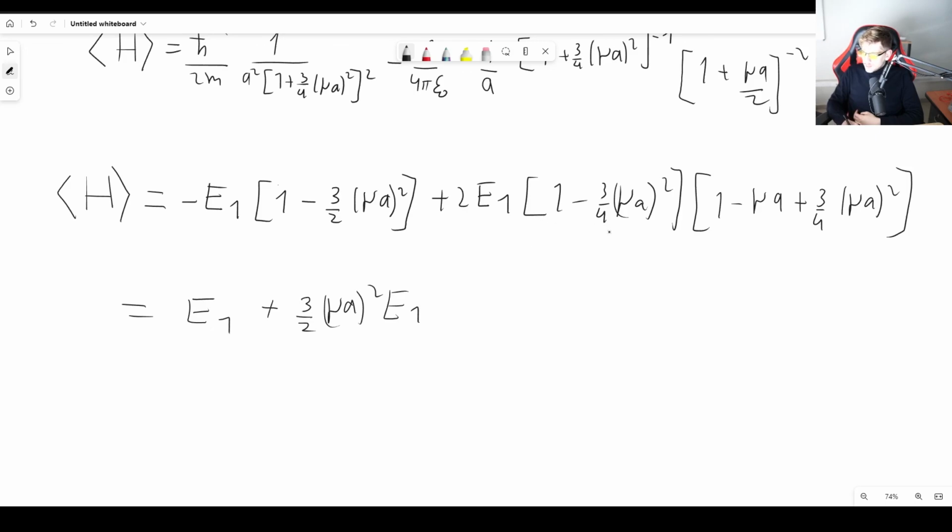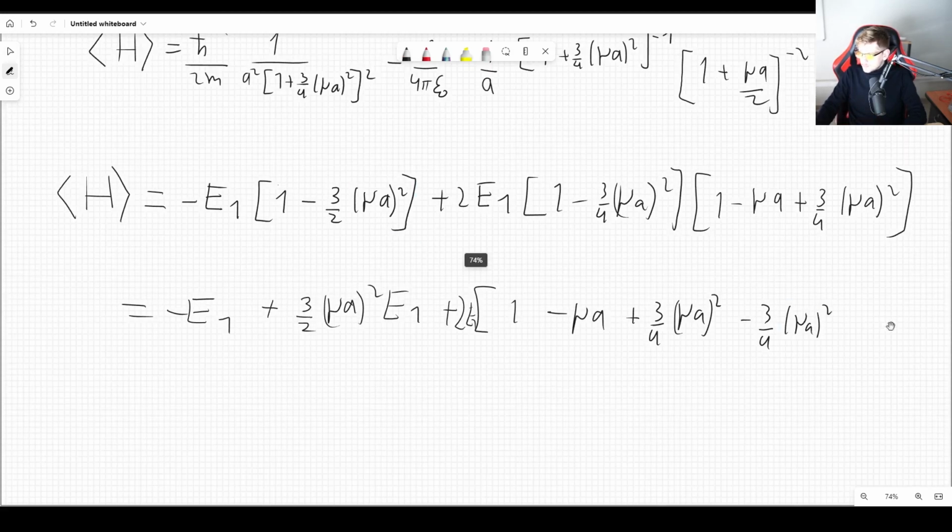Then we have, okay, I went a little bit ahead, so we get 2 E1 times 1 minus mu a plus 3 over 4 mu a squared minus 3 over 4 mu a squared.